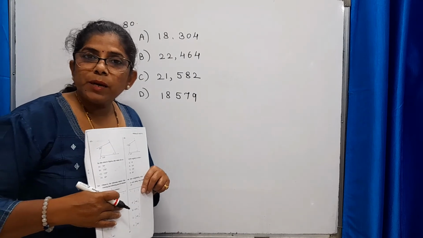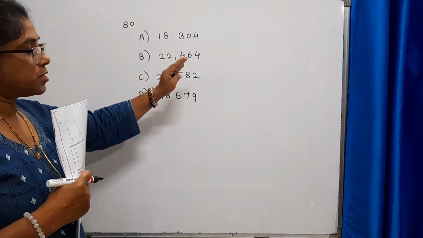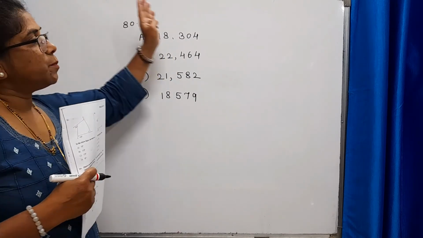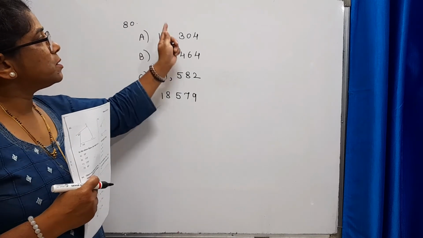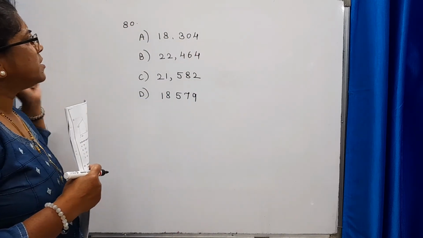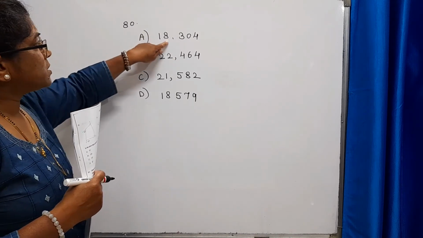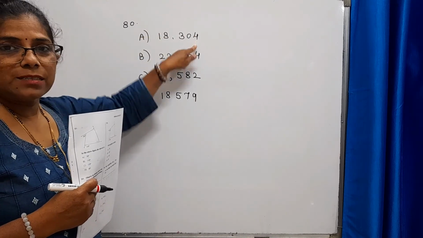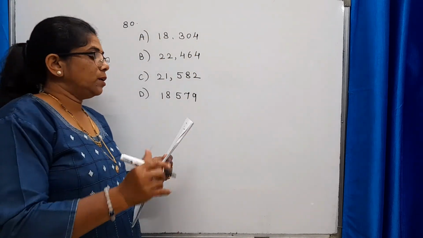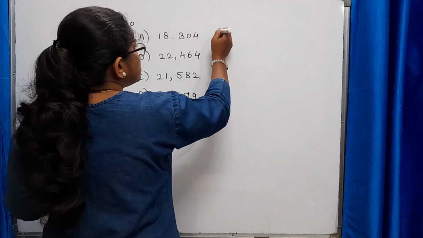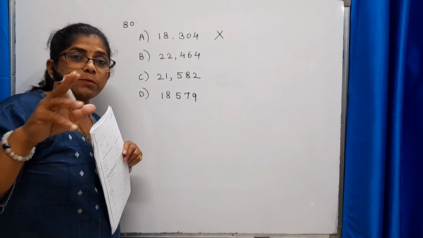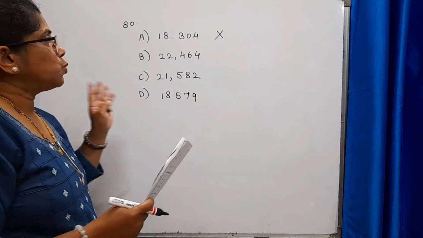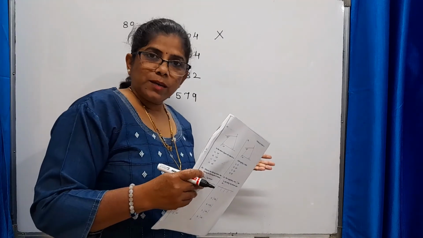If the sum of the digits of a given number is divisible by 3, then the given number is also divisible by 3. 1 plus 8, 9. 9 plus 3, 12. 12 plus 4, 16. 16 is not divisible by 3. So as it is not divisible by 3, let's not check whether it is divisible by 11. It is not necessary, because it should be divisible by both 3 and 11. So don't waste time checking it for 11.